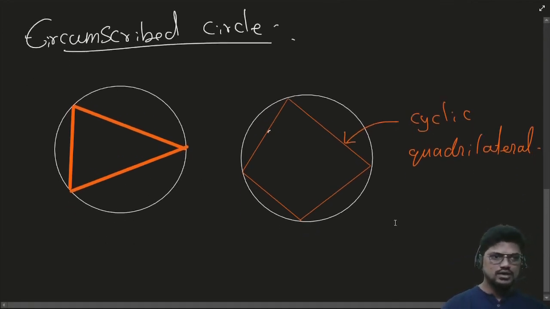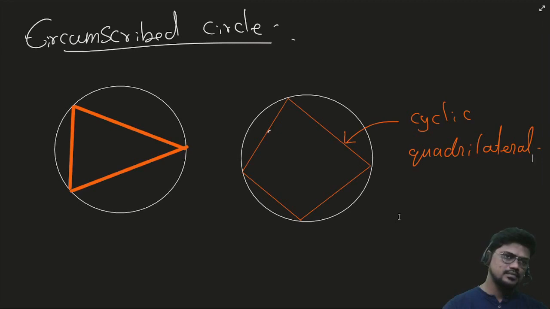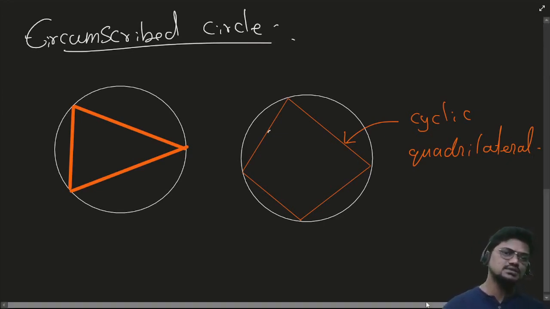So if a circle has a triangle, quadrilateral, pentagon, hexagon, anything inside, it is circumscribing it. What is circumscribing? That means the circle should touch all the vertices of the polygon. If a circle is touching all the vertices of a polygon, then it is a circumscribed circle.